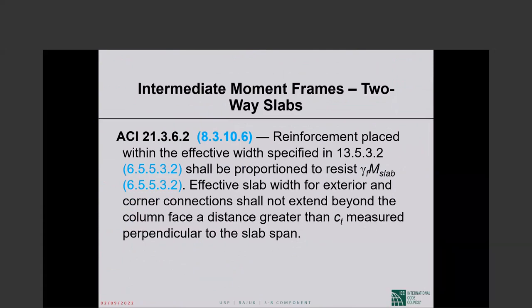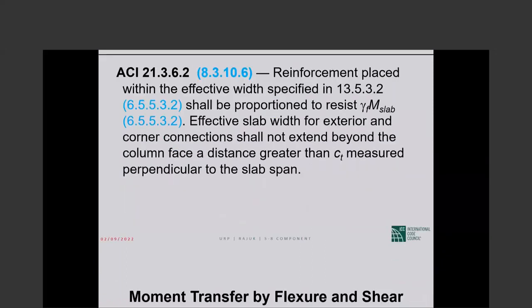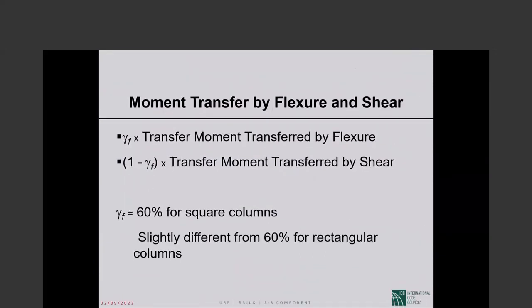The reinforcement needed to resist the part of the unbalanced moment that is transferred by flexure has to be placed within a narrow moment transfer band running along the column lines.